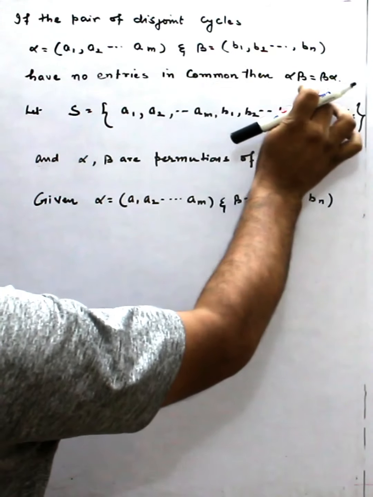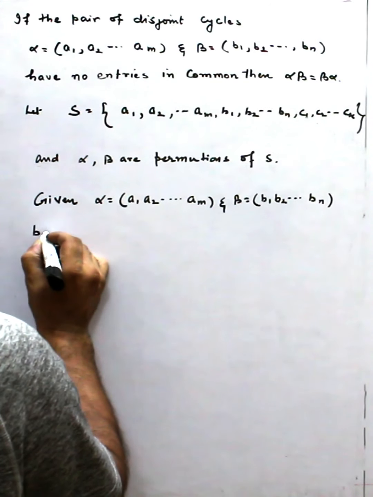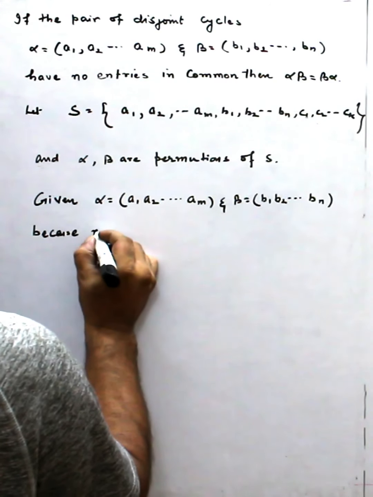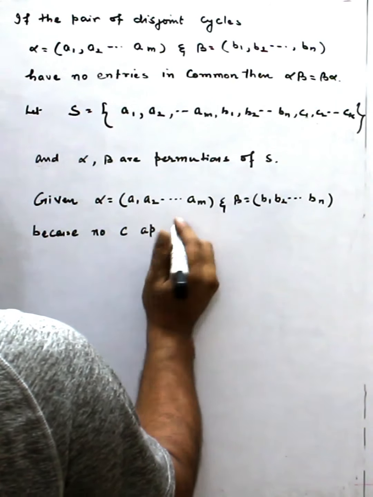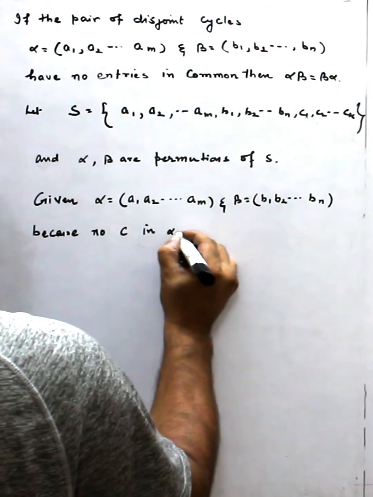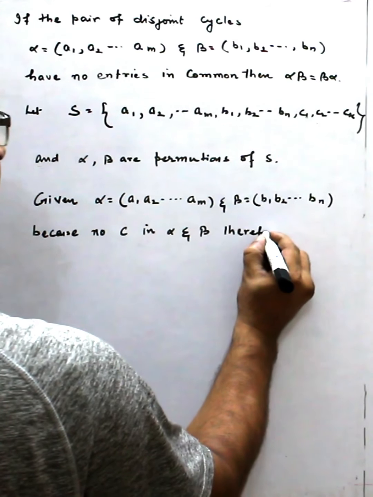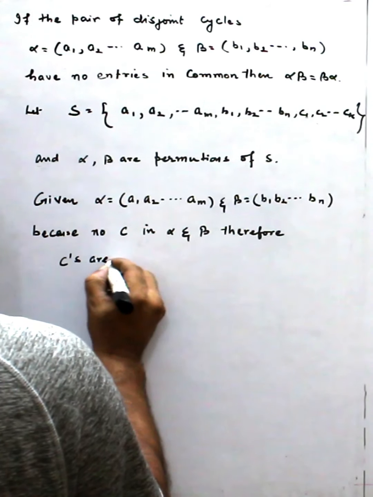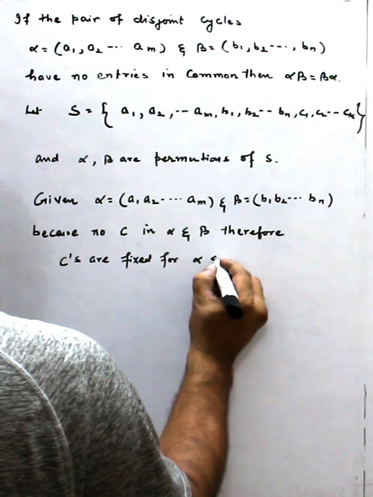Now what do we have to show? One thing we note: because no C appears in alpha and beta, therefore the C's are fixed for alpha and beta.